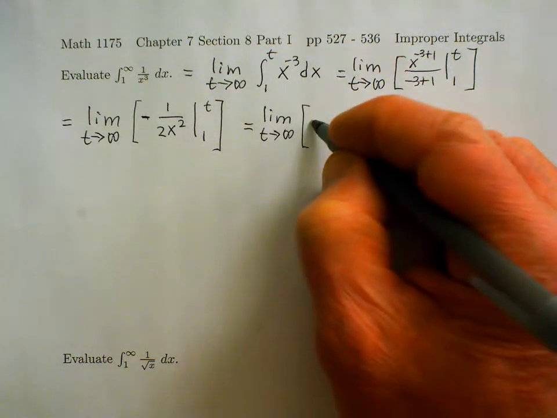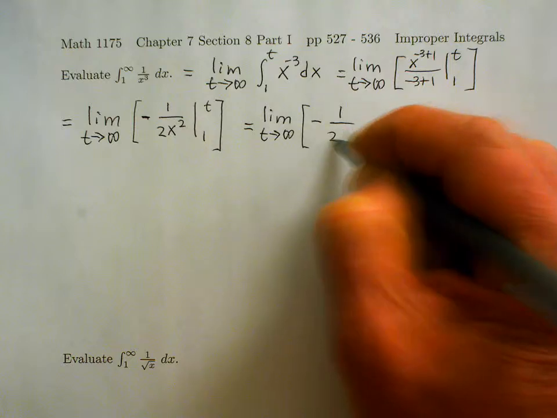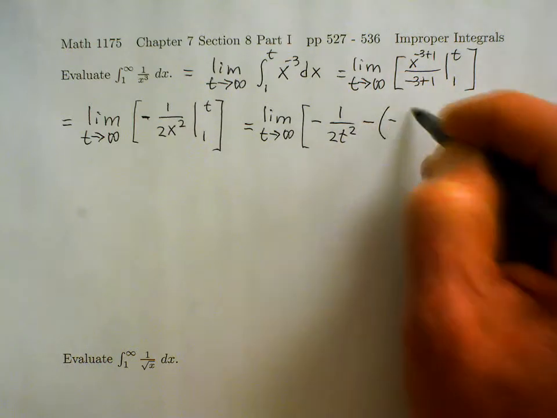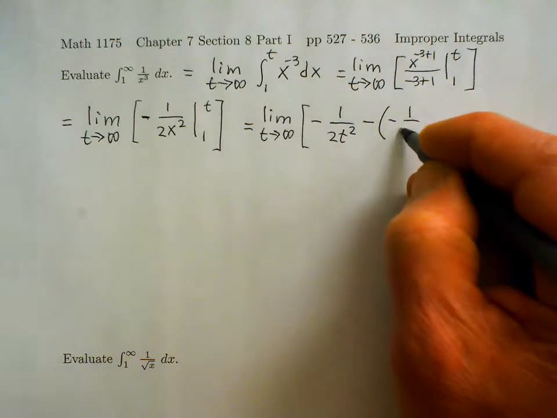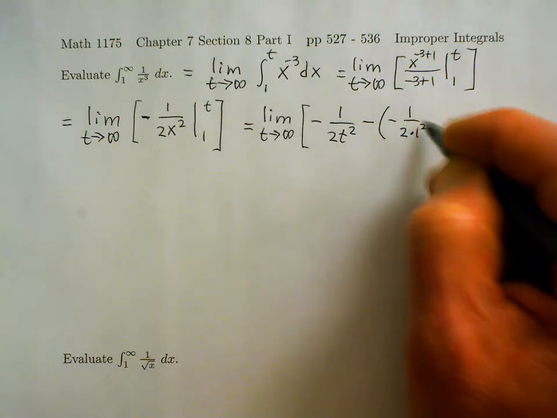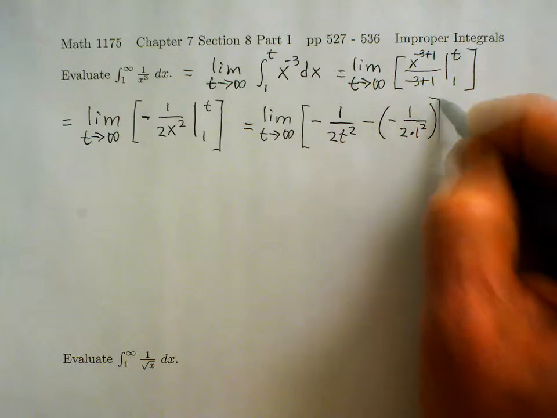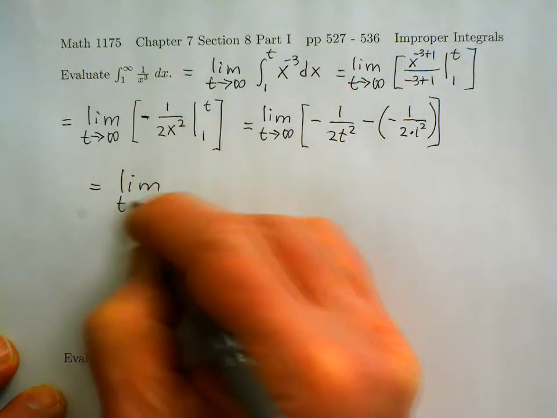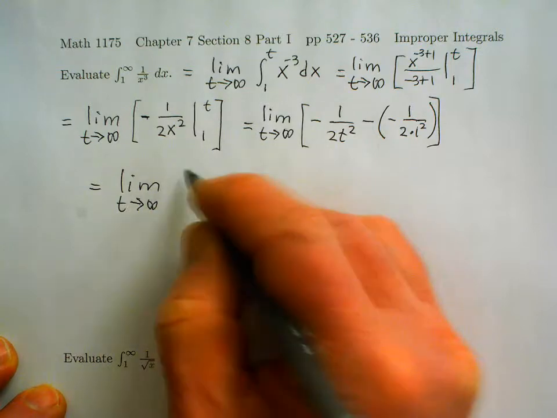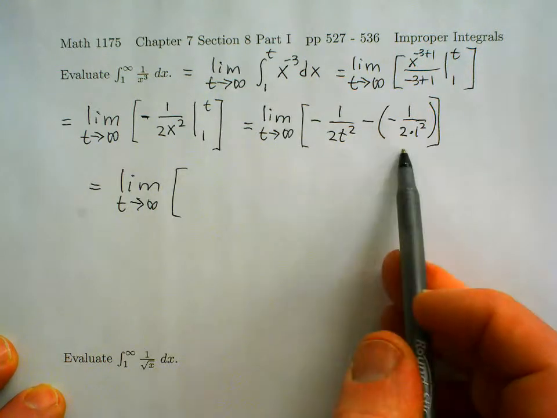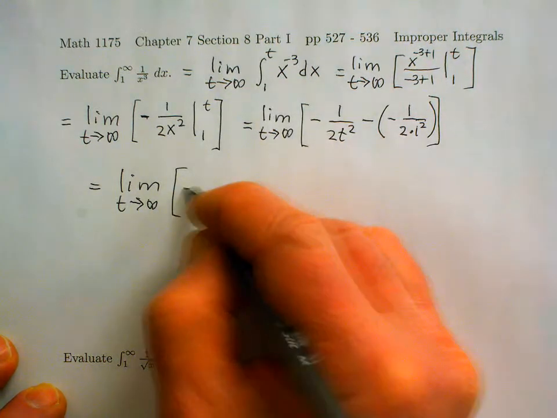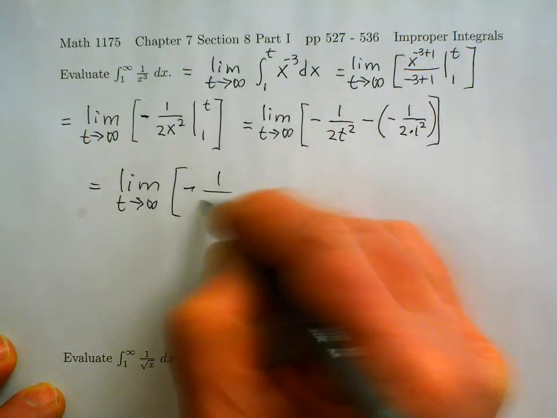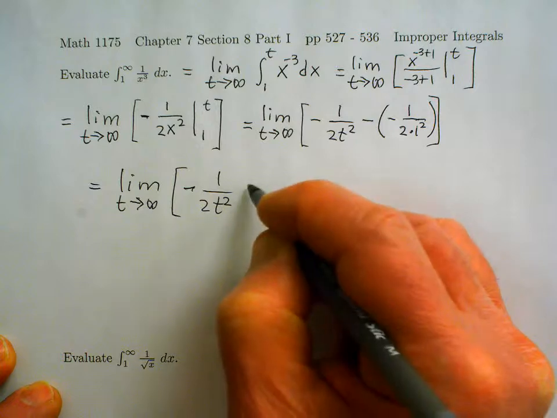So first, negative 1 over 2t to the second, and then minus negative 1 over 2 times 1 to the second. Here we'll make this look a little nicer. We have the limit as t approaches infinity of negative 1 over 2t to the second plus 1/2.